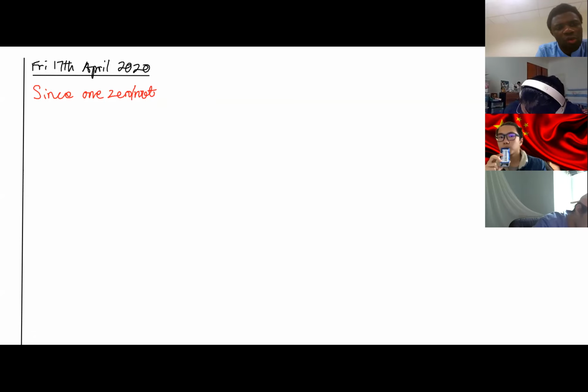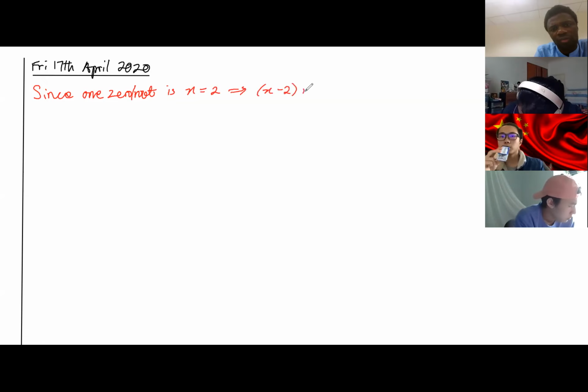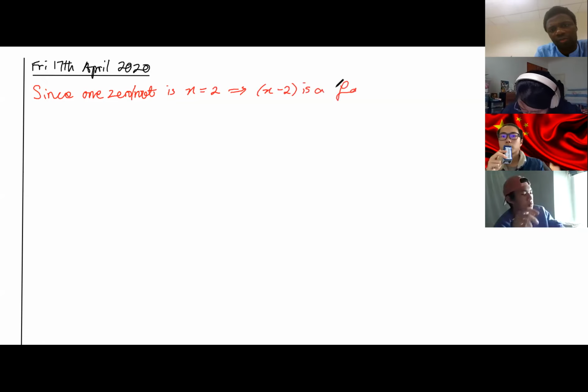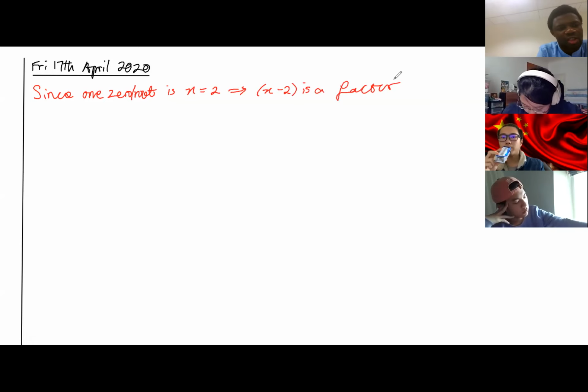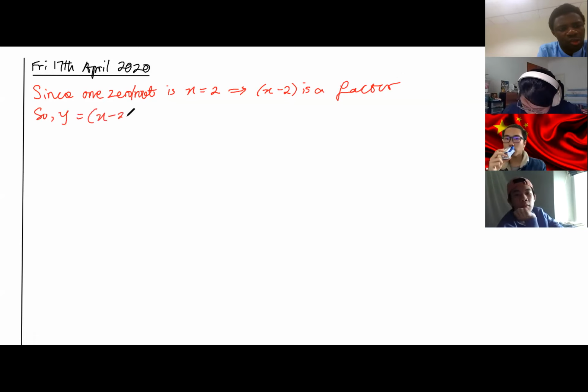Since 1 zero or root is x equals 2, it means that x minus 2 is a factor. You don't have to write all this long stuff, just for the explanation. So we can write y is equal to x minus 2.